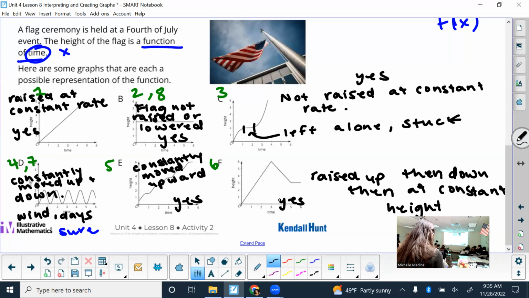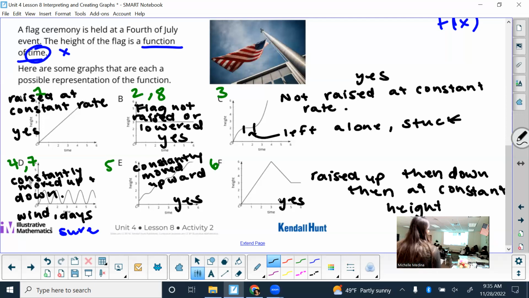They said that graph E seems to be the most realistic, that graph B and D are the least realistic, and graphs A, C, and F are possible, but unlikely that the flag starts out being on the ground.